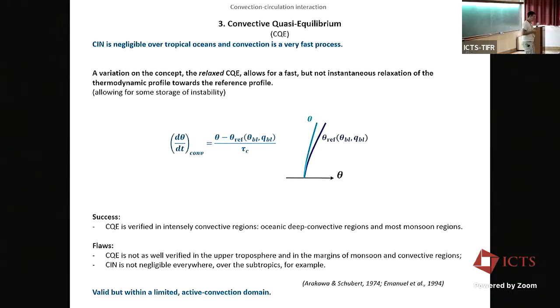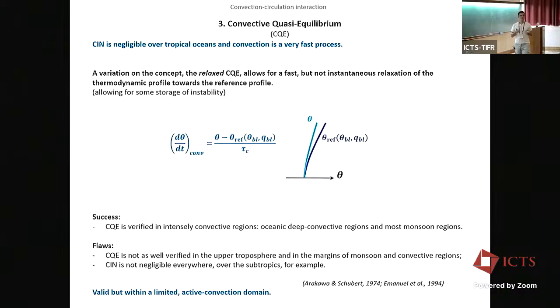Now, when you look at observations, convective quasi-equilibrium works pretty well. And it works really well in the core of the convergence zone. So essentially, if you have an intensely convective region, then convective quasi-equilibrium works.